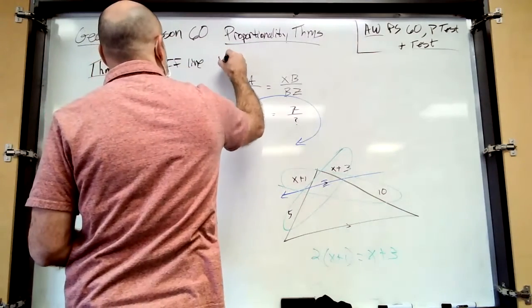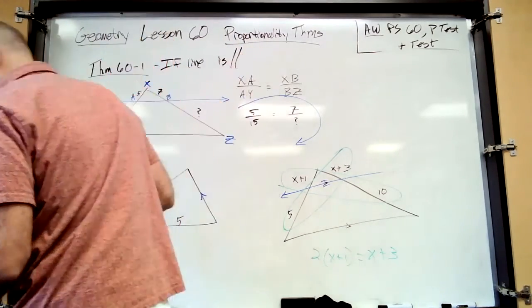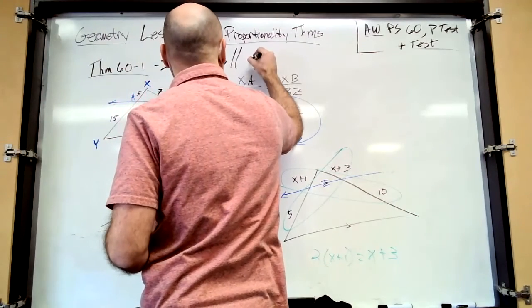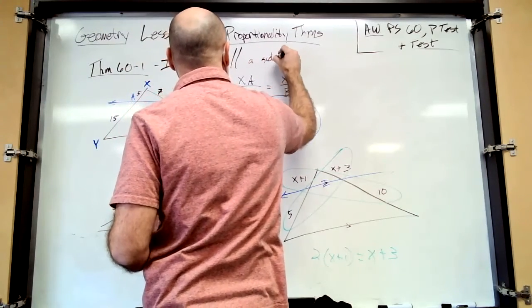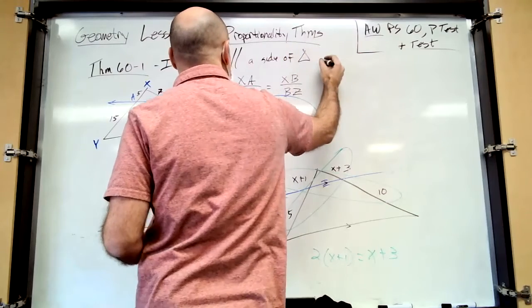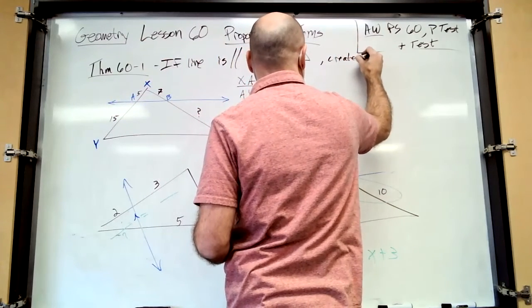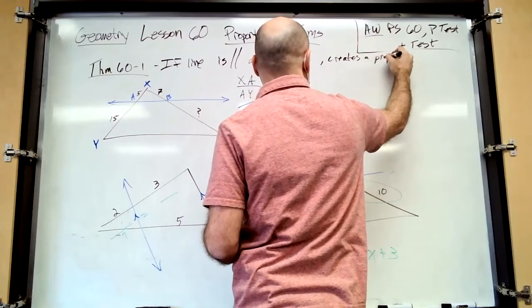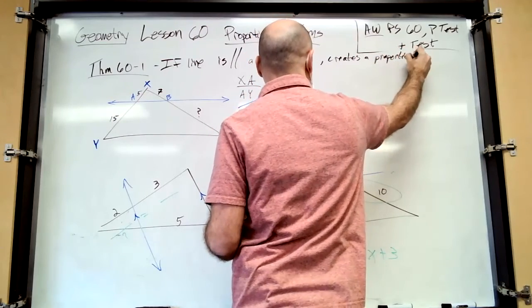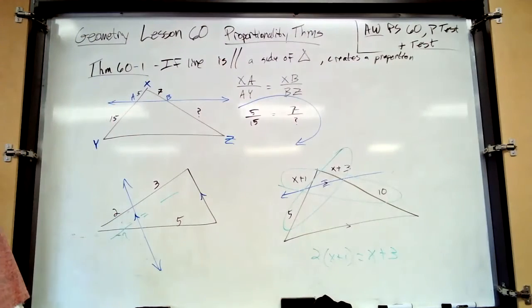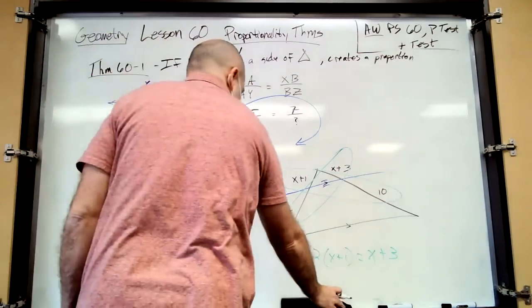If a line is parallel to one side of a triangle, then it creates a proportion. Of all those four sides, it creates that proportion. All right, so 62 is the converse.